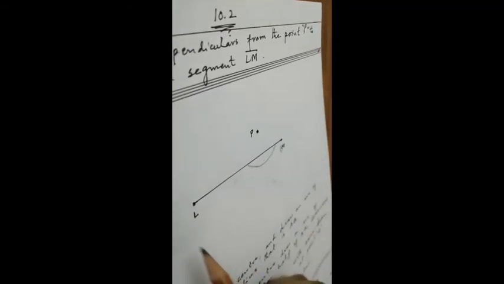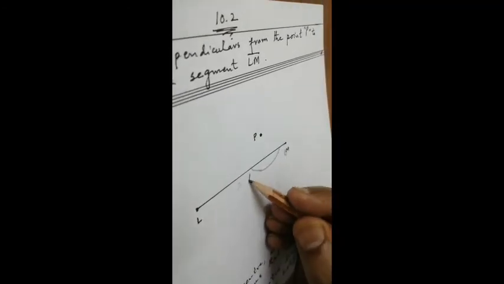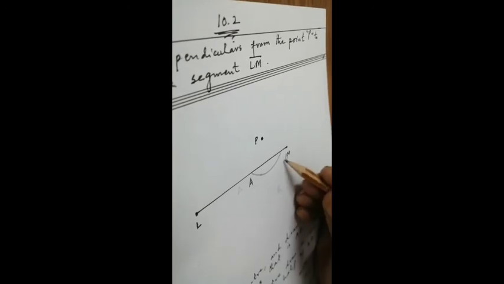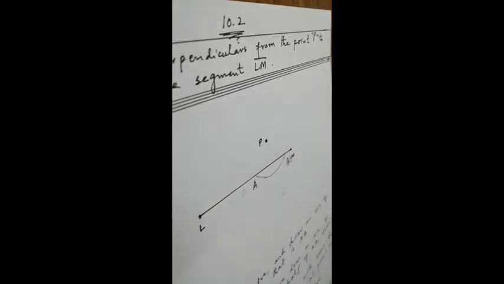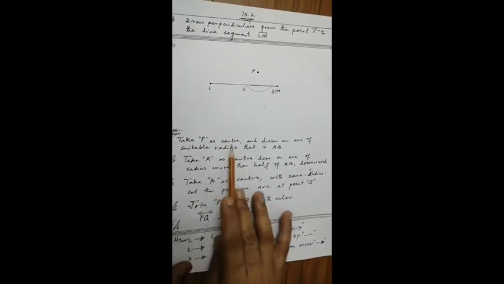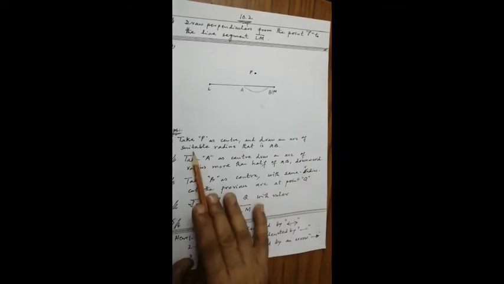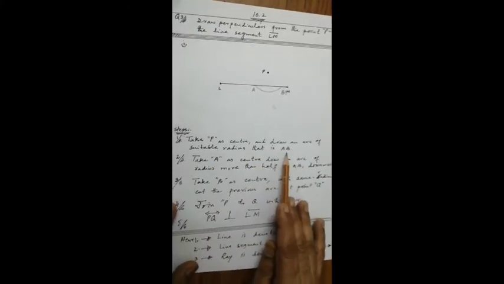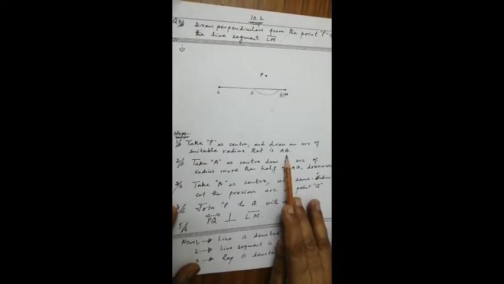It cuts the line LM at points A and B. Dear students, from A and B, we have to draw the perpendicular. Now see, take P as center and draw an arc of suitable radius that will cut the line segment at the points A and B.